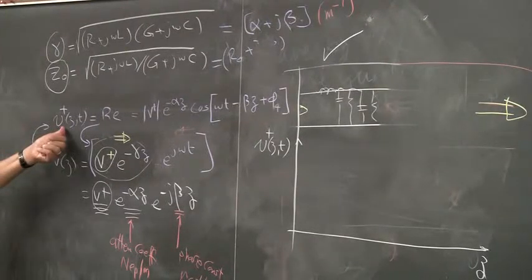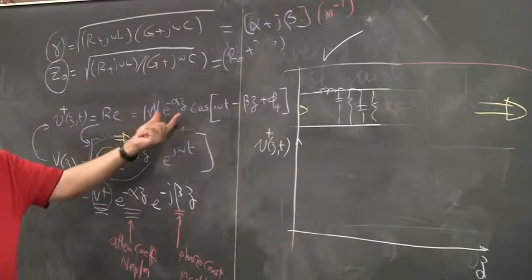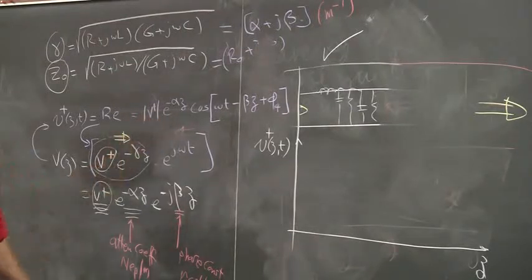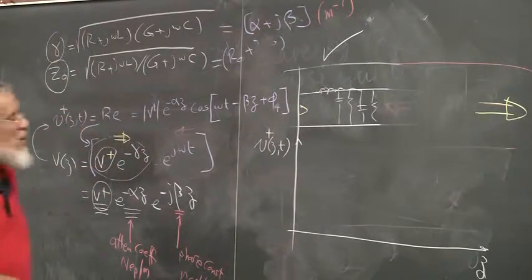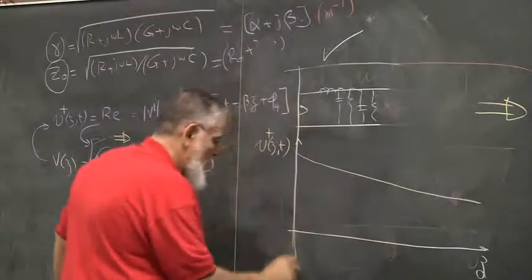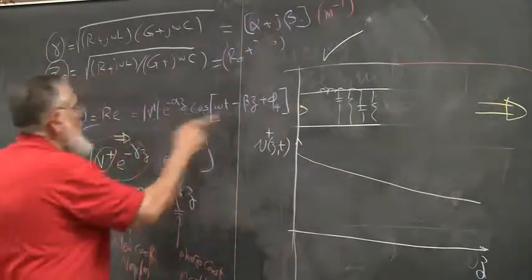So V plus of z and t is equal to a V plus magnitude, e to the minus alpha z, times cosine. So there's still an envelope. This represents an envelope for the cosine variations. And since the cosine will go plus and minus, the envelope will be up and down.